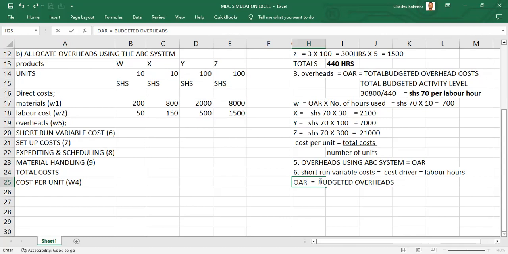Then we divide this by the total budgeted labor hours.